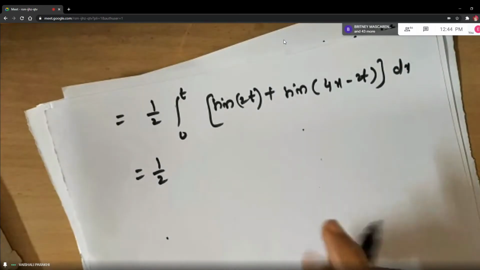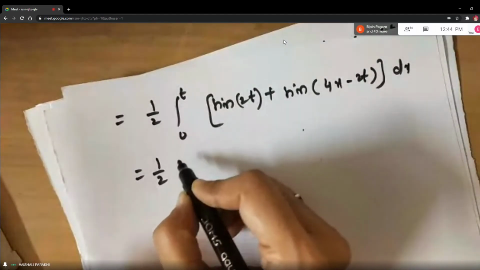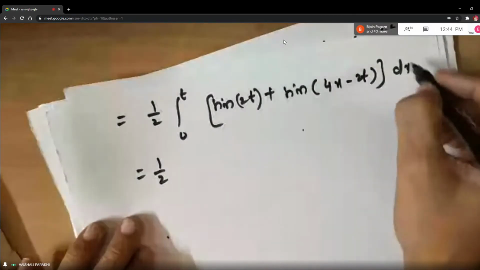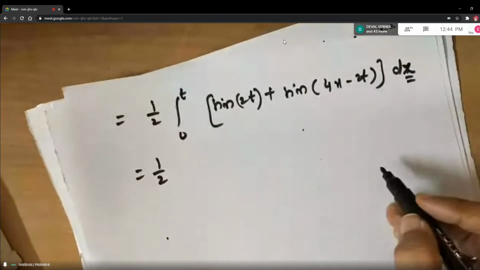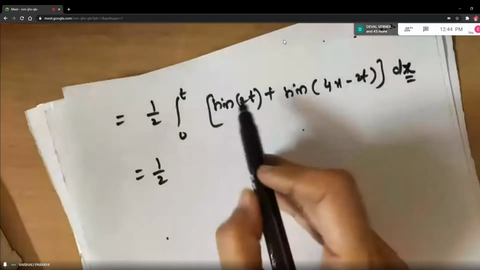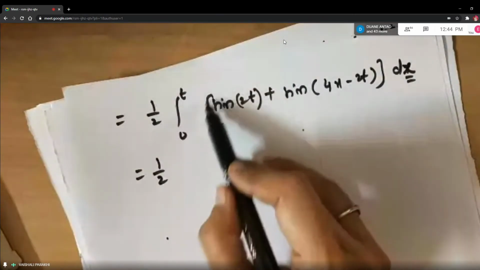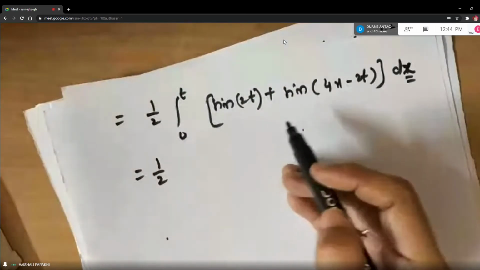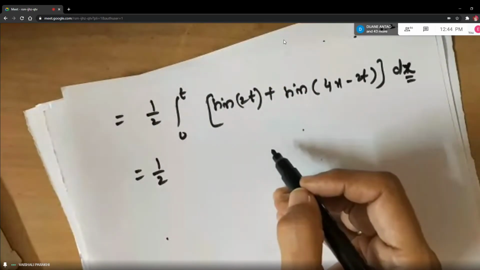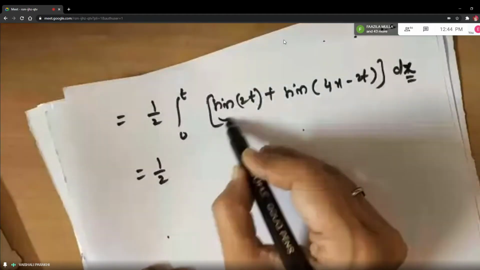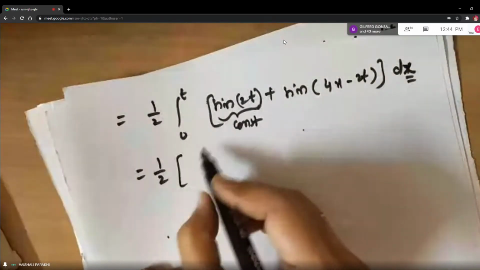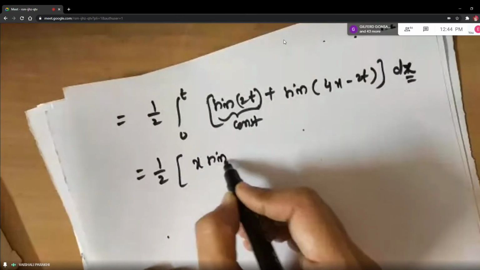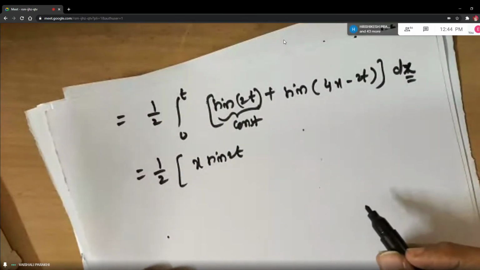Cos 2t by 2. No, see, it is like the last problem. Integral is with respect to what? X. Is x present in this function? Yes, sine 2t does not contain x, so it behaves as a constant. Correct? So it will be x sine 2t.